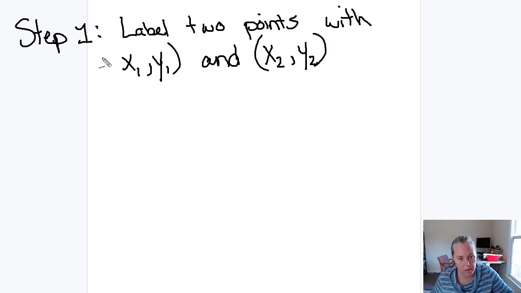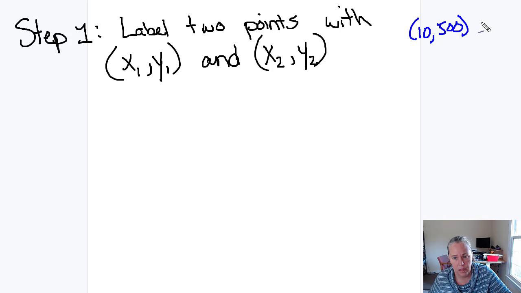Remembering that the little subscripts are just name tags. It says, hey, I'm from the first point. Okay, so you're going to label your 2 points with x sub 1, y sub 1, and x sub 2, y sub 2. So if we had an example, (10, 500) and (30, 700), you would label them x1, y1, x2, y2.